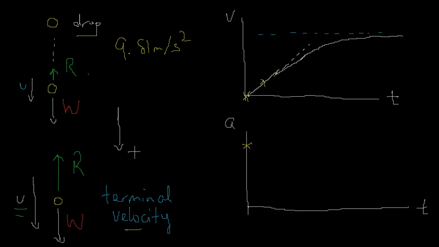So when I first drop the ball, the acceleration due to gravity is just 9.81 meters per second squared. Now, as we have seen, the acceleration would decrease because of the increasing air resistance. So we can imagine that the acceleration decreases as time passes.